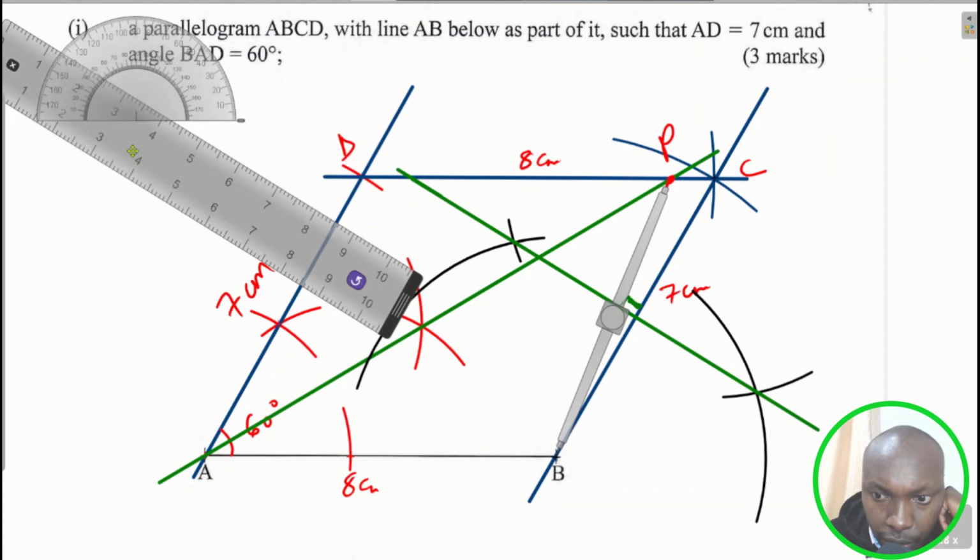So what we should ask ourselves is whether we have the two parallel sides. The two parallel sides are AB and PC. Then the perpendicular height, that one we have to construct.